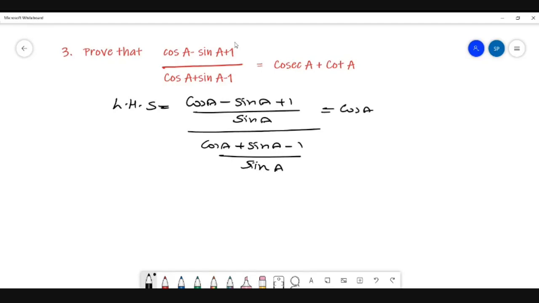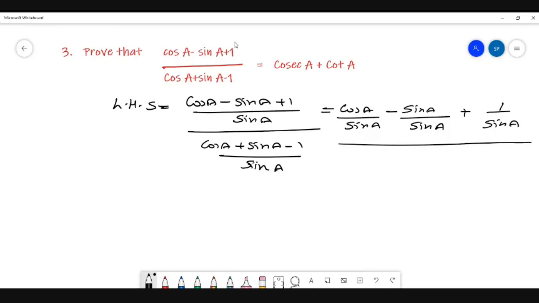That is, cos a by sin a minus sin a by sin a plus 1 by sin a, whole divided by cos a by sin a plus sin a by sin a minus 1 by sin a.